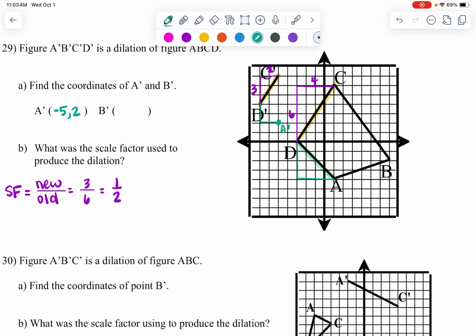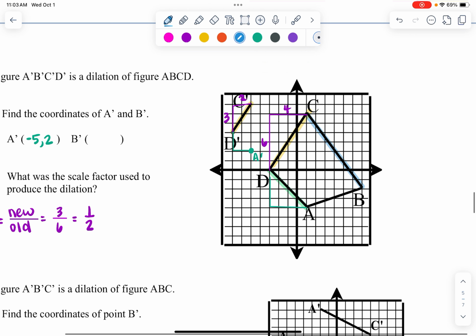All right, then I'm going to go find B. You can either use, I'm going to just use CB, just because that's easier for me anyway. So let's see, how did I move from C to B? Well, I went right 1, 2, 3, 4, 5, 6, and down 1, 2, 3, 4, 5, 6, 7, 8.